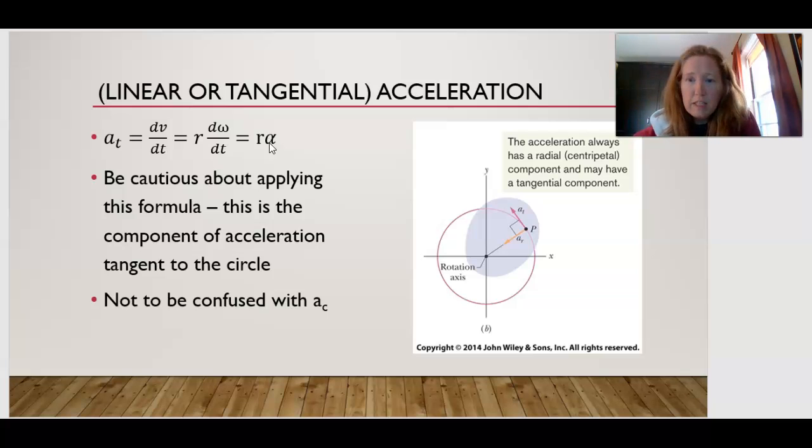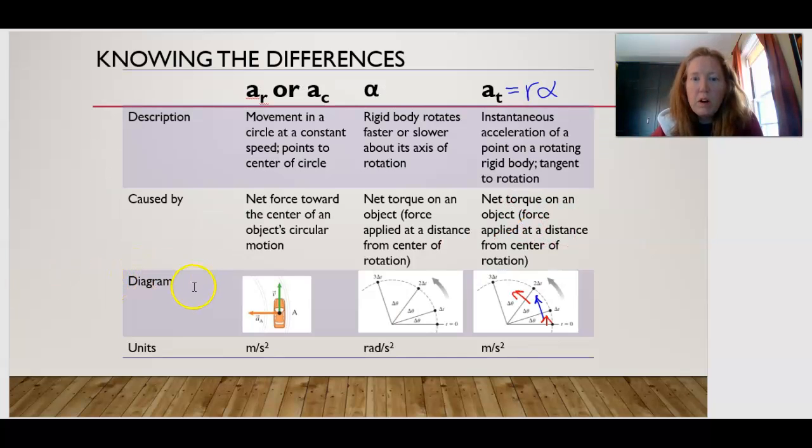Sorry, I keep touching my screen. And I don't have my tablet today, so I'm struggling a little bit. Let's see if I can circle it. So this is the centripetal acceleration versus the tangential.